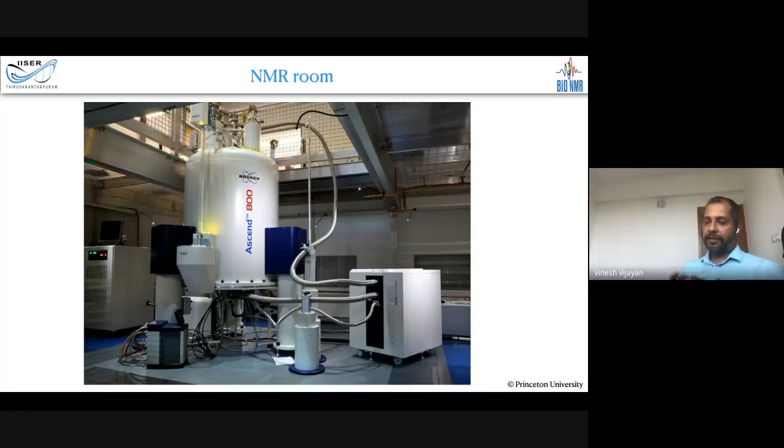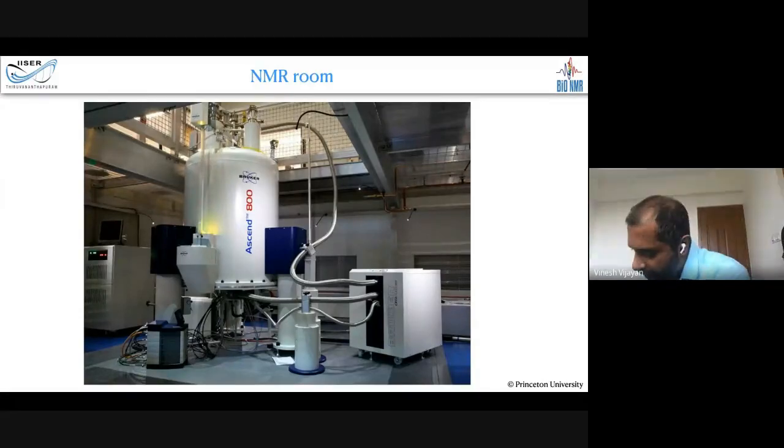So this is a standard NMR room that you will see. There are multiple things that you can see here. This is actually from Princeton University. I don't have a picture of our NMR. There is a spectrometer with all the equipment, all the parts required for the pulsing and receiving of signal.